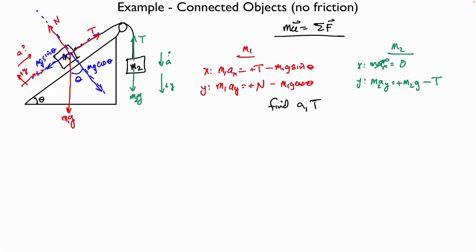But now we need to strategize. Now we need to ask ourselves, okay, how are we going to get from where we are to where we want to be? Assuming that we were given the angle and the masses and the planet that we're on. Okay?